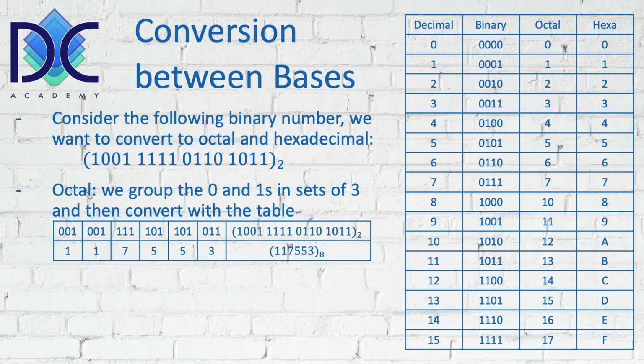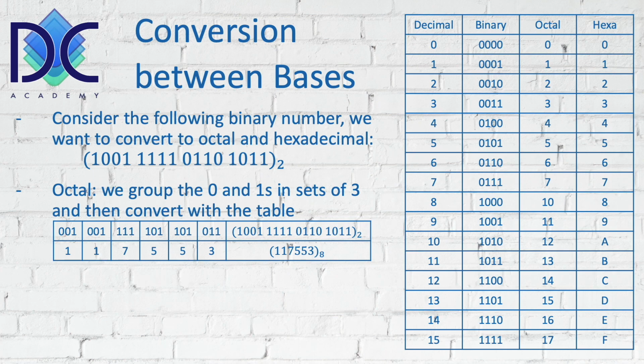And now we look into the table and we say we have 0, 0, 1, which gives us 1. So the binary 0, 0, 1 is 1, 1, 1, 1 is 7, 1, 0, 1 is 5, 1, 0, 1 is 5, and 0, 1, 1 is 3.